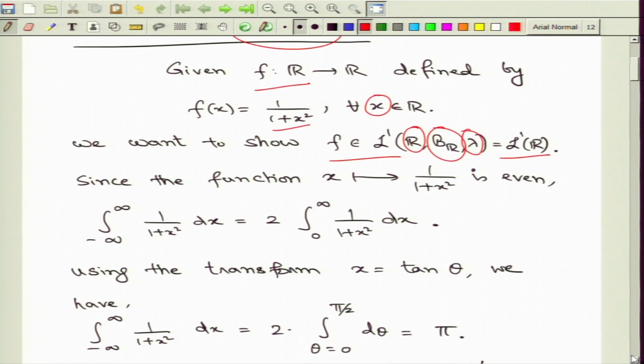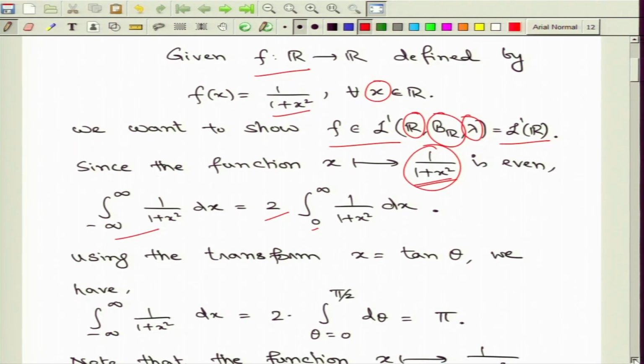Note that this is a nice continuous function, and moreover we have this interesting property that x mapping to 1 by 1 plus x squared is an even function. Therefore, if we compute the integration of this function from minus infinity to plus infinity in the Riemann integration sense, we will end up with 2 times the integration from 0 to infinity of the same function. But now, let us try to simplify this further.